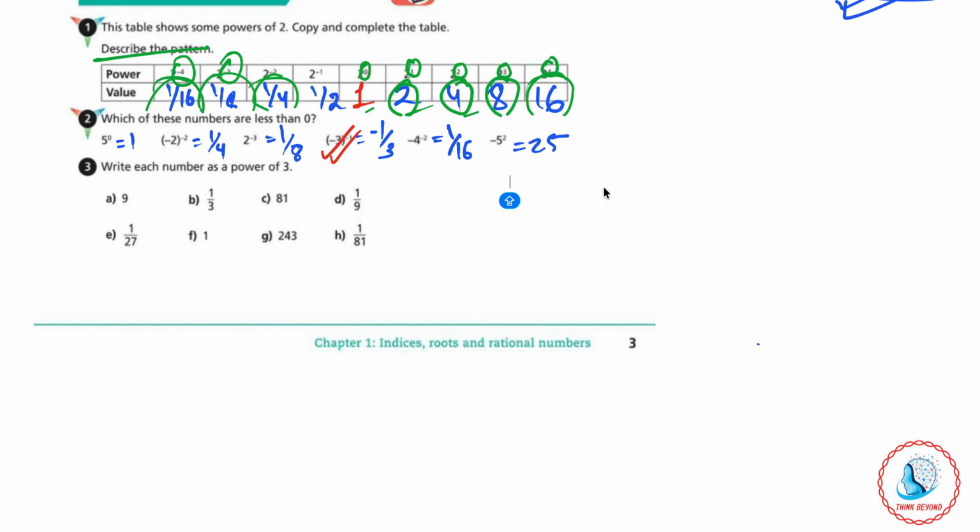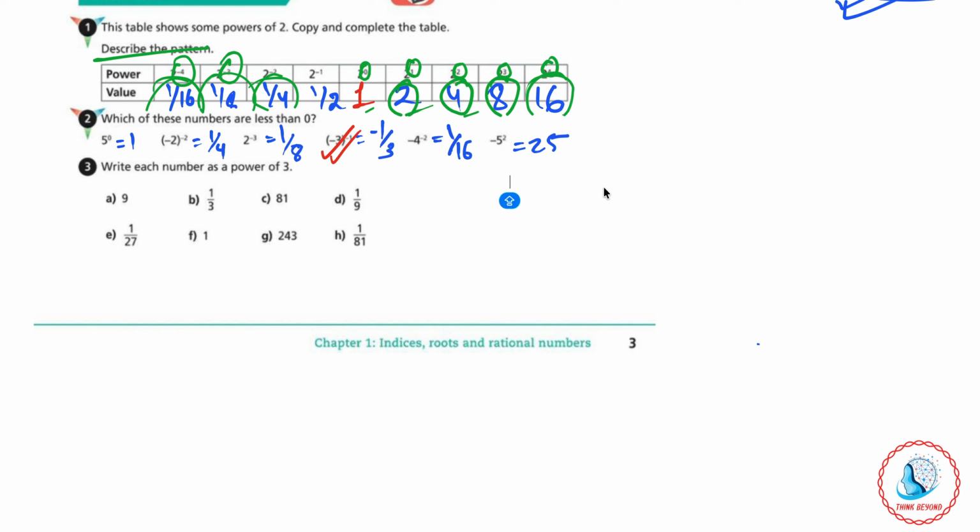Now for question C, 81, you can write 3 times 3 times 3 times 3, 4 times 3 will get 81. For question D, 1 over 9, you can write 1 over 3 times 3, which is 1 over 3 square, which is also equal to 3 raised to power minus 2, right?